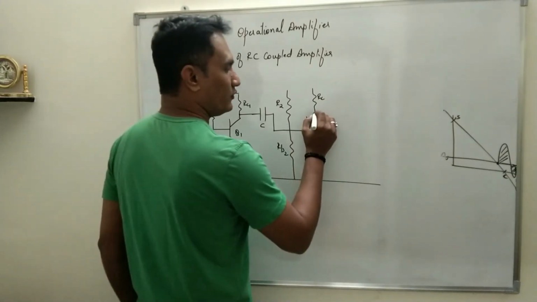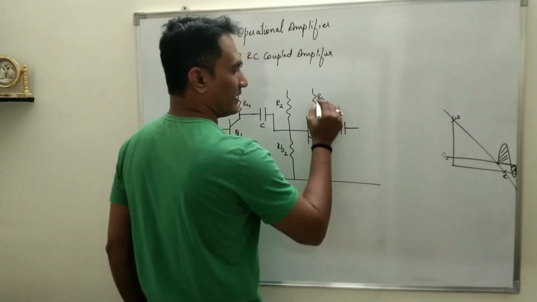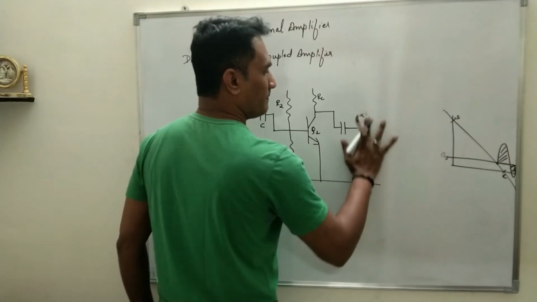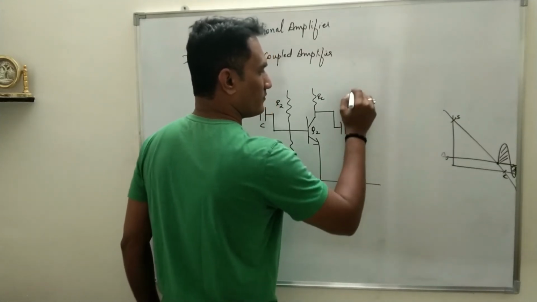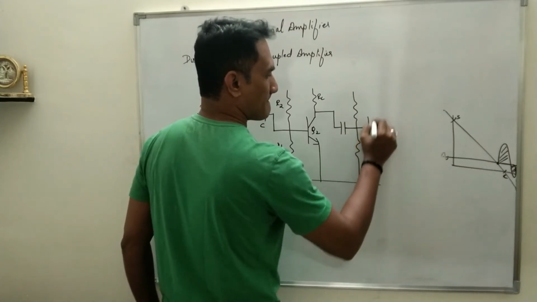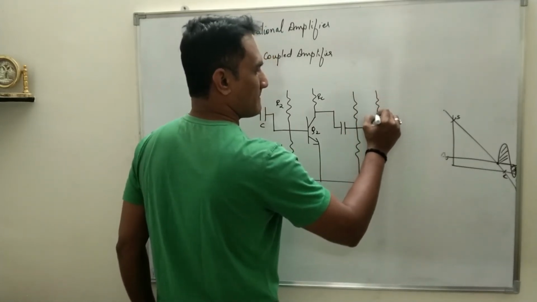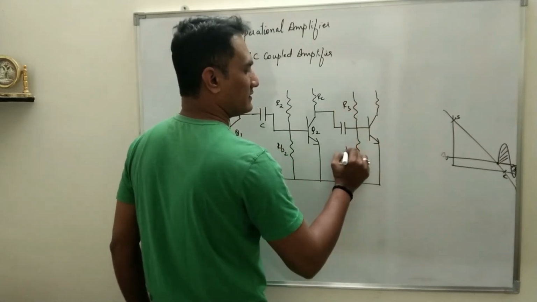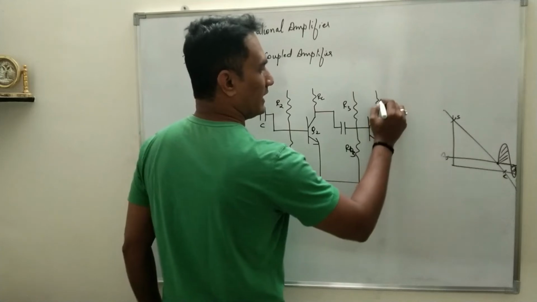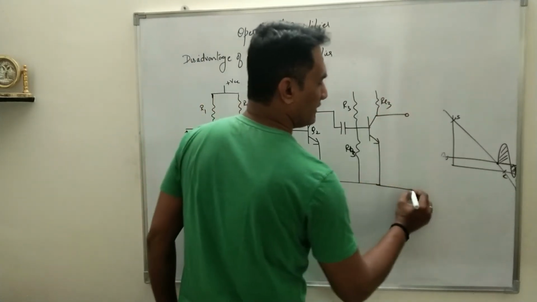Similarly, the output of the second stage is connected through a resistor and a capacitor to one more transistor. I will call these R3, RB3 and RC3.